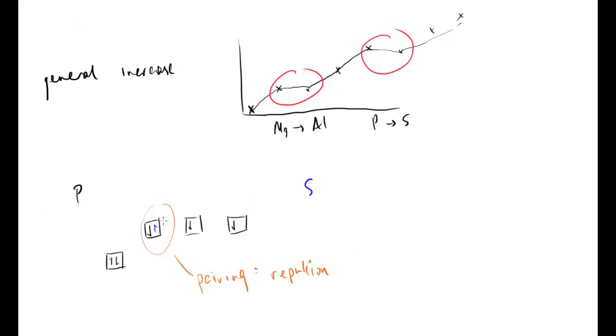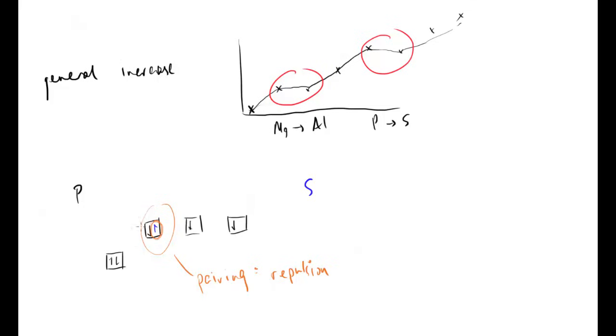With this little bit of repulsion within this single orbital, it's a little bit easier to remove the electron that I've just put in, because it is slightly repelled by what's there. So this becomes easier to remove, and therefore we have a dip down here. This electron is easier to remove than either of those from the phosphorus because of the repulsion.